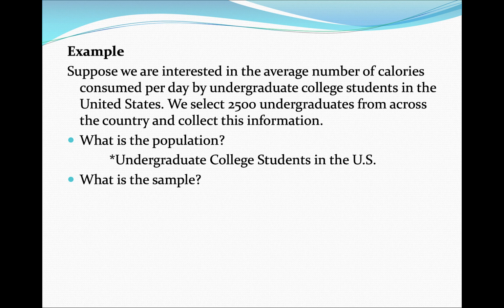And almost always we end up taking a sample. And a sample is nothing more than a subset of the population. So in this case, we already said we're not going to collect data from the whole population. Instead, we're going to select these 2,500 undergraduates. These 2,500 undergraduate students that we select, that is our sample. That is our subset of our population that we're actually going to collect data from.